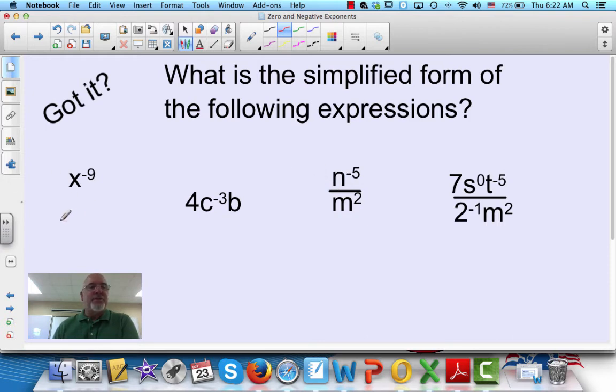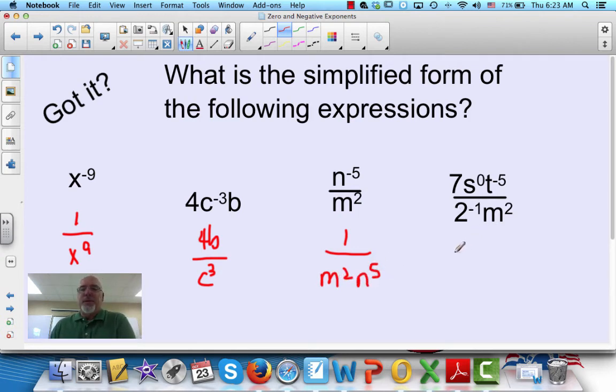All right, did you get 1 over x to the 9th? How about this one? Did you get 4b over c to the 3rd? And this one would have been 1 over m squared n to the 5th. Now this last one, the big one, that would be 7 times s to the 0 is 1, so 7.